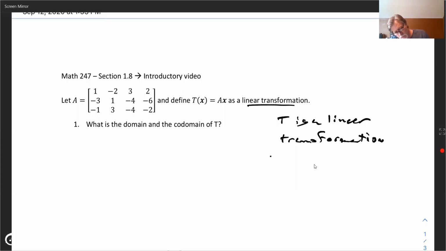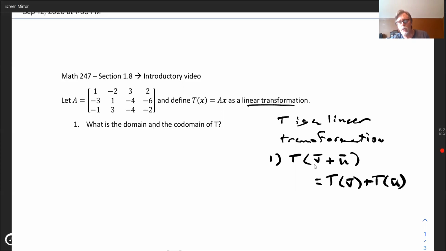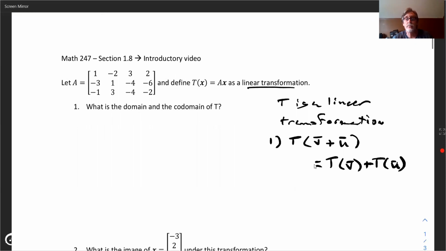Number one, T of vector V plus vector U is equal to T of vector V plus T of vector U. So the addition is preserved, so to speak. The transformation of the sum is equal to the sum of the transformations in the new space. And then also scaling is preserved.